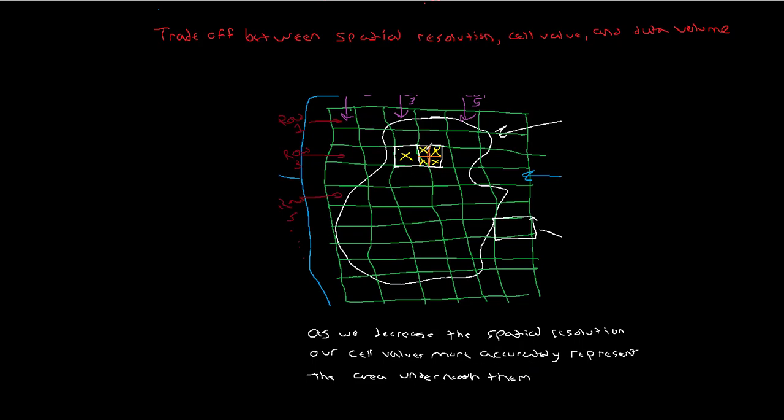To summarize what this diagram is trying to explain, as we decrease the spatial resolution, the cell value begins to more accurately represent the area underneath it. Okay?